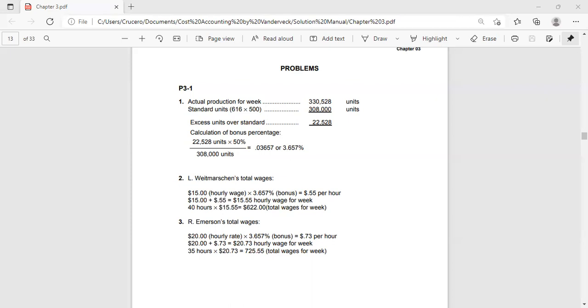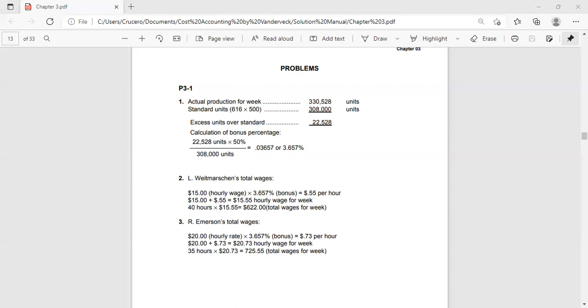Multiply that by the number of hours worked during the week of 40, so that gives us the total wages for the week of $622. Then in requirement number 3, what are the total wages of Emerson who work 35 hours at a base rate of 20 per hour?